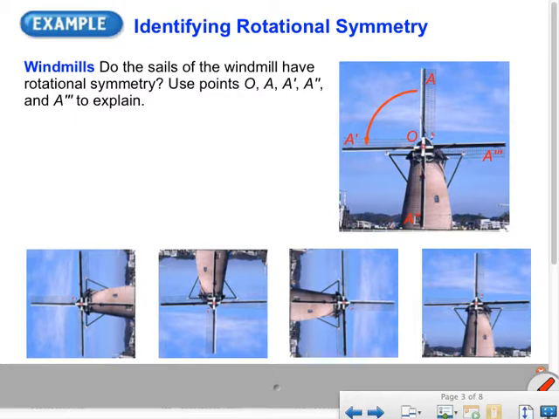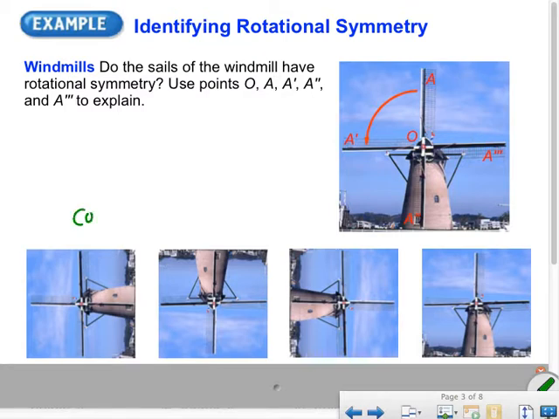Okay, so here we have this windmill and the sails of the windmill. They have rotational symmetry. So let's take a look. In this first picture on the left, I want to match this first picture over here. How many degrees are we rotating this counterclockwise, and how many are we rotating it clockwise?